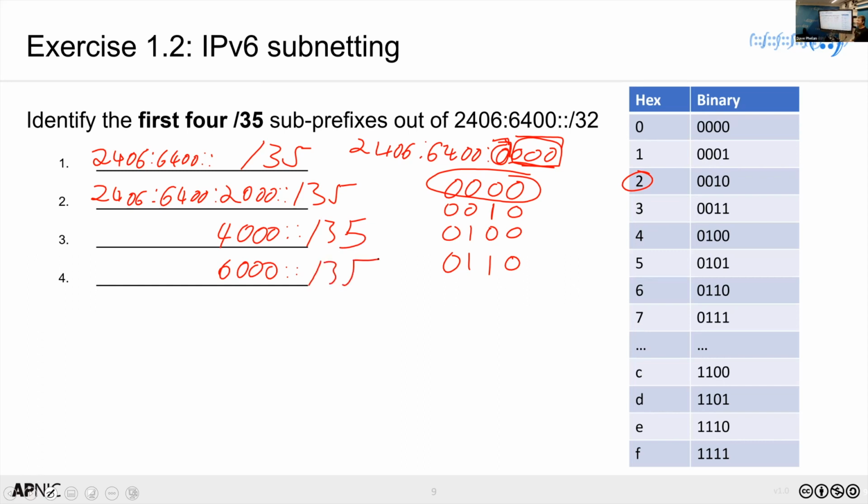Now, ideally, you're not going to be slicing your network up like this, but understanding how we actually get these addresses, how we calculate them from binary is important. Ideally, you're not going to segment your network up into 35s. If you are, we need to have a very long chat.